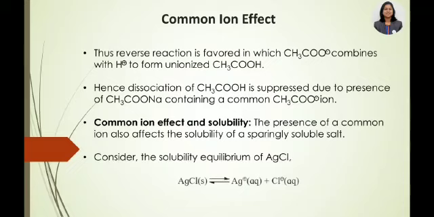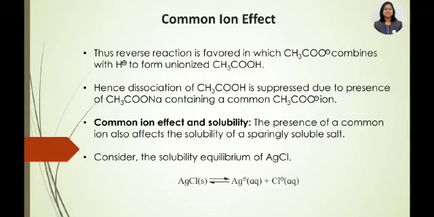Common ion effect and solubility. The presence of common ion also affects the solubility of a sparingly soluble salt. Now let us consider the equation and understand. Consider the solubility equilibrium of AgCl, silver chloride.